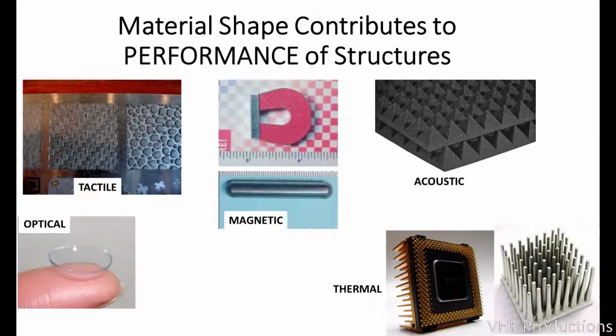In many applications, we tailor the material's shape to contribute to the performance of the structures made from those materials. For example, we often alter the texture of surfaces in order to change touch and feel, or the coefficient of friction for anti-skid behavior, and so forth, in order to achieve a performance from a given material through changes in the topology of the surface.